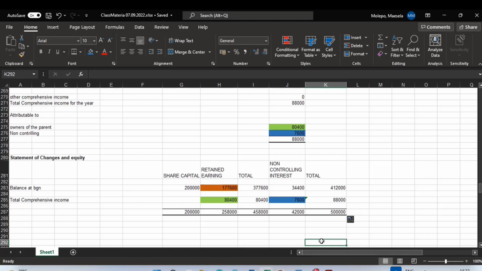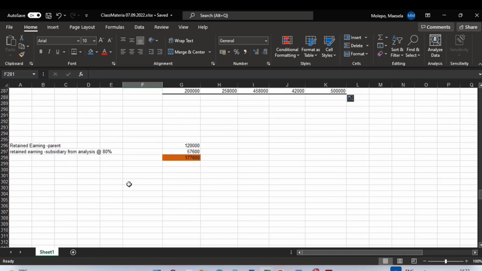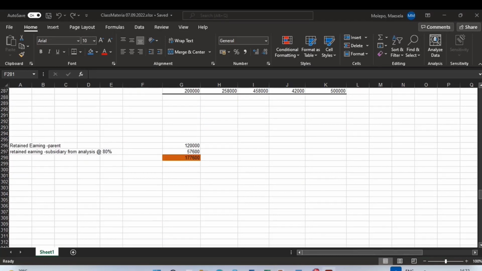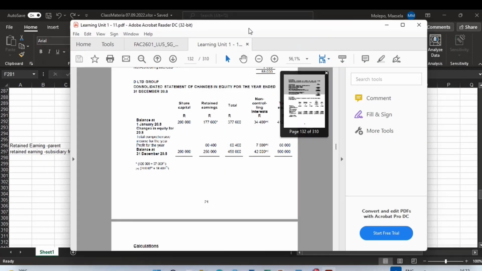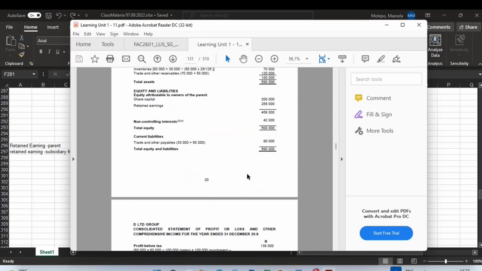No, sir, we are still fine. Thank you, sir. Then from now we can do the balance sheet. But the balance sheet, let me present it from here. You can see my study guide, right? Yes, sir, we can see. Okay.